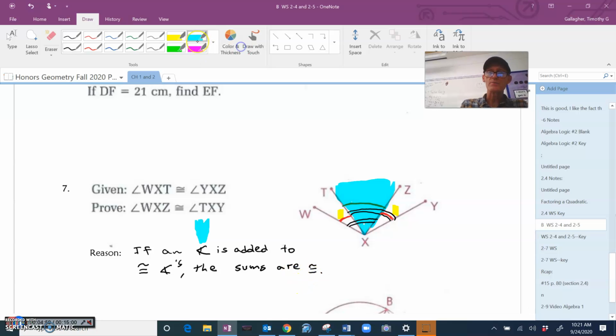So the sums are these black swoops. And the congruent angles are the red angles there. So the red angles.